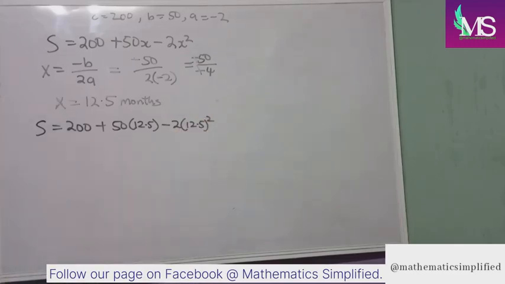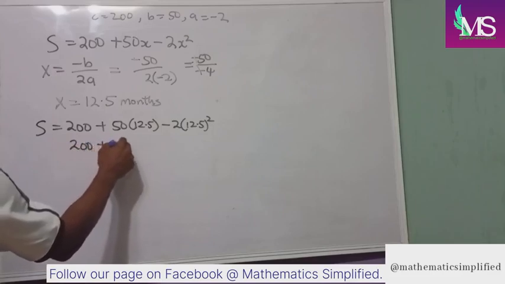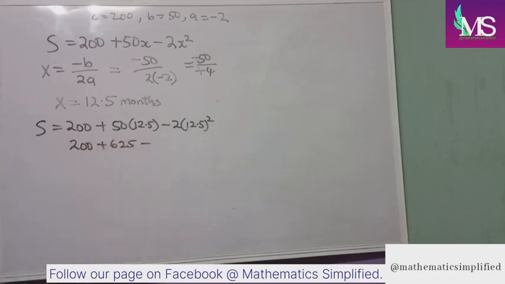Now, 50 times 12.5 will give us 625. This will be 200 plus 625 minus 12.5 squared times 2, which is 312.5.